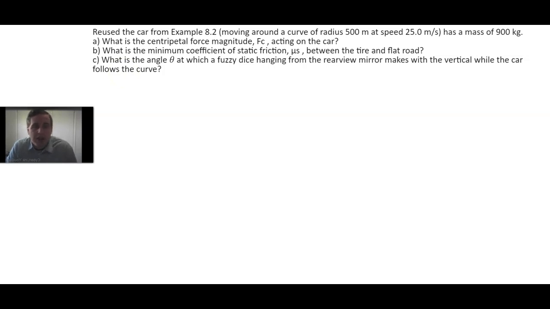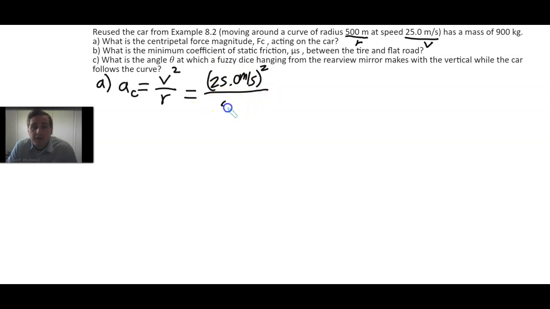In fact, part A is basically a review from what we did in a previous video. If you recall, we said that the centripetal acceleration should be v squared divided by r, where v is the velocity and r is the radius, and we calculated 25.0 meters per second squared divided by the radius of 500 meters.